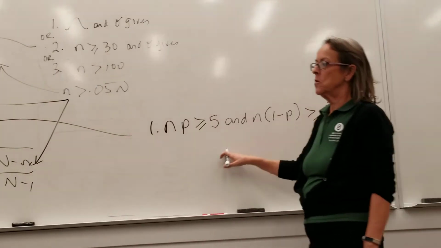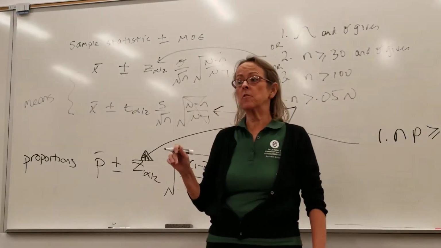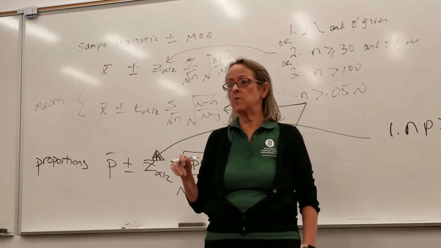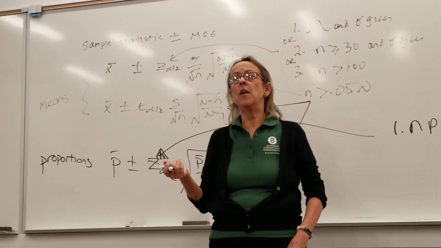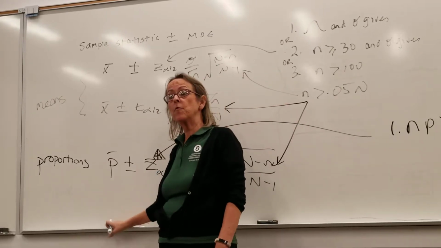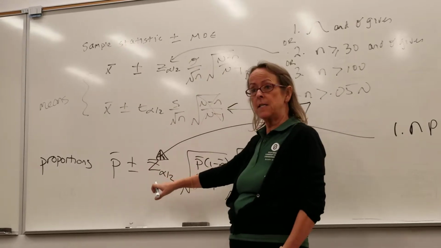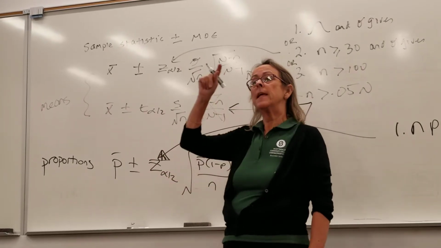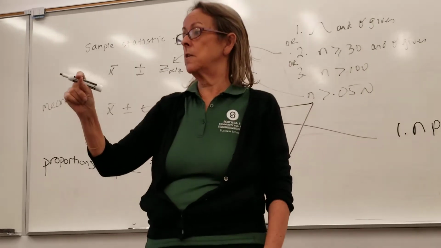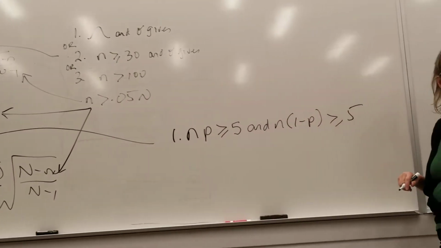If that's true, you can use a z-score. If it's not true, what? Do you use a t-score? No, you never use a t-score with proportions. That's why that formula is not listed. I haven't got a p-bar plus and minus t. That's not possible. It's a binomial question. If this is not true, it's a binomial question.